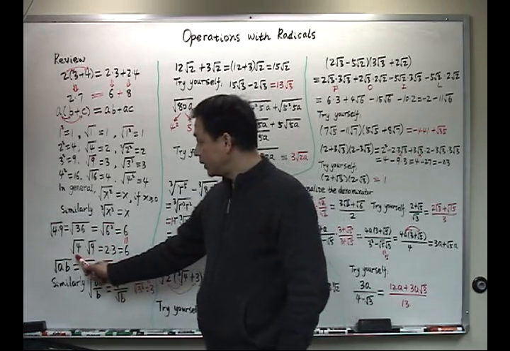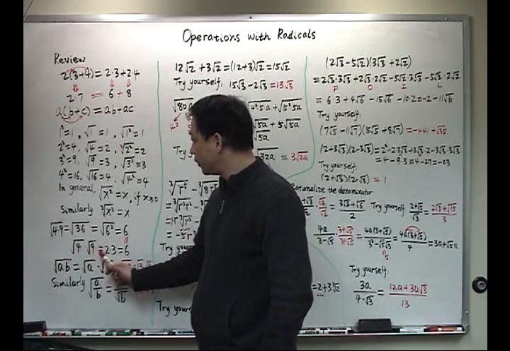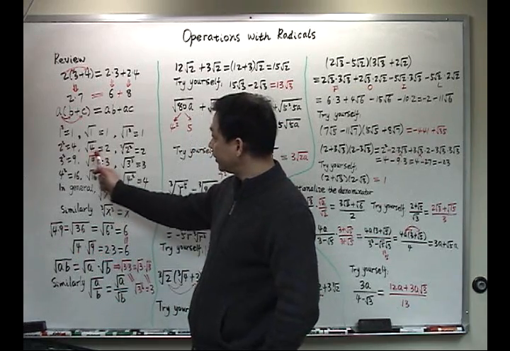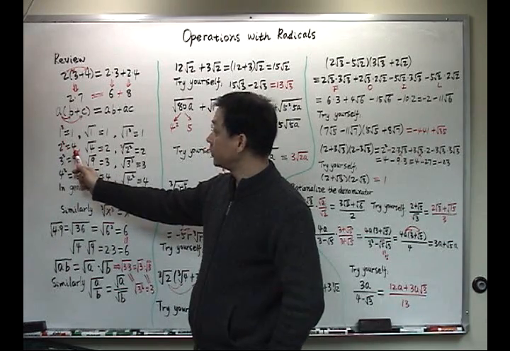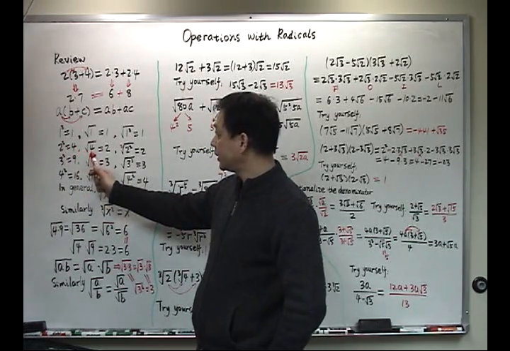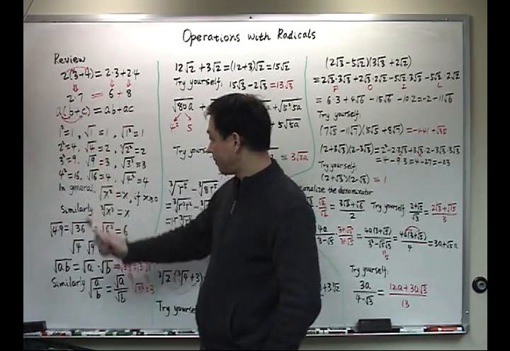Now, radical 4 times radical 9, we know radical 4 is 2. You see here. Because 2 squared is 4, so the definition tells us radical 4 will give us 2.